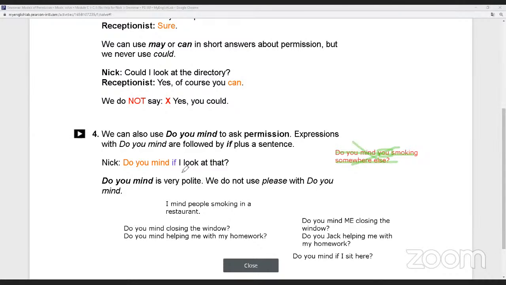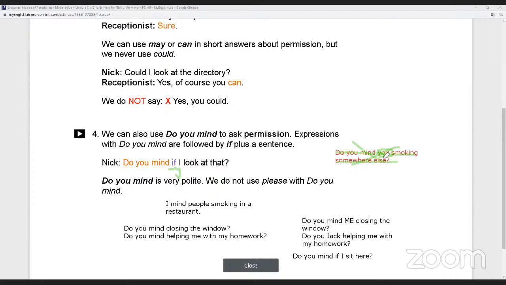Apart from that, the question goes by my point of view. If I do something, I don't know if that is going to bother you. So that's another reason why we don't use "you". Do you mind you smoking somewhere else? No. Do you mind if you smoke somewhere else?